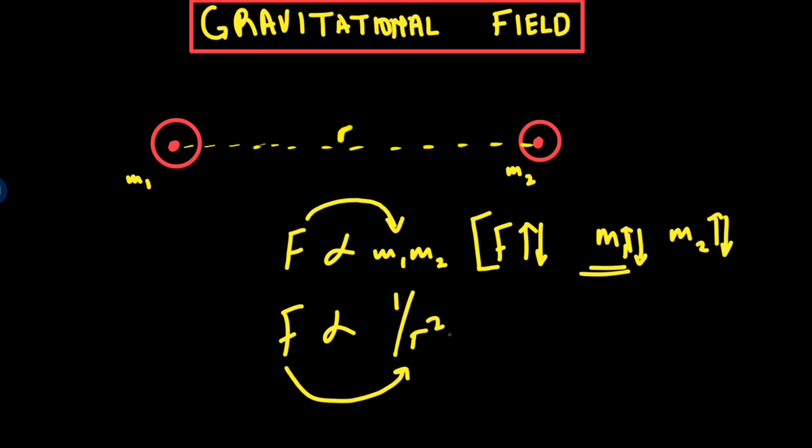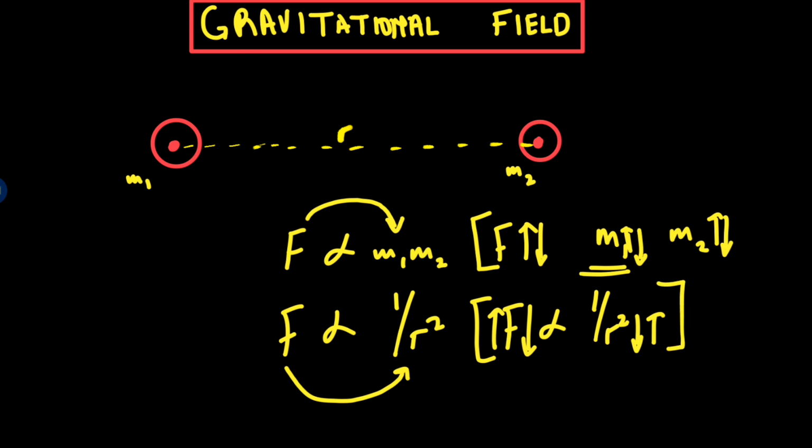The same goes for the distance, just a tiny bit different. Inverse proportion means that as you increase the force, the square of the distance apart decreases. If you decrease the force, then the distance increases, and vice versa.